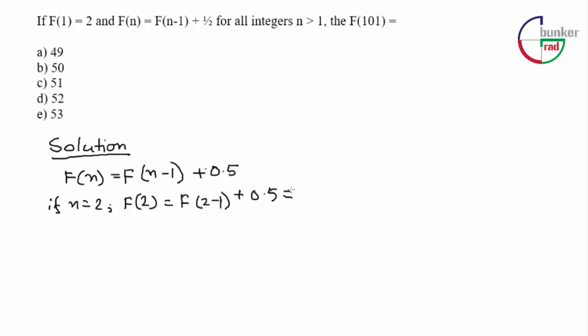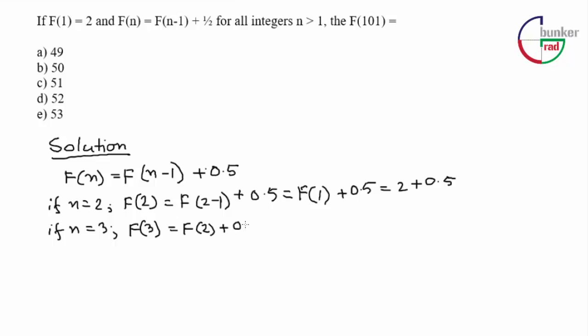Three values. Now if we look closely here, we see a pattern. When n equals 2, we have the value 2 and one 0.5. Next, if we have n equals 3, then we have 2 as well as two 0.5s.